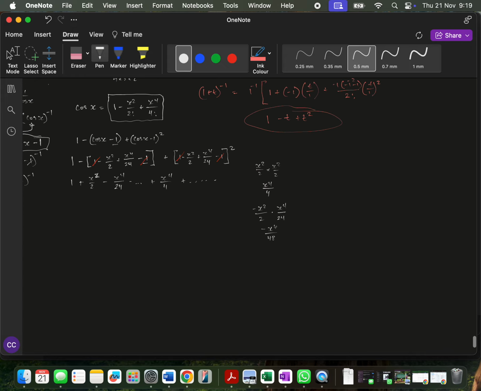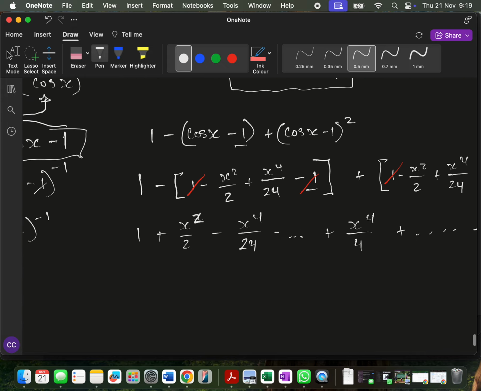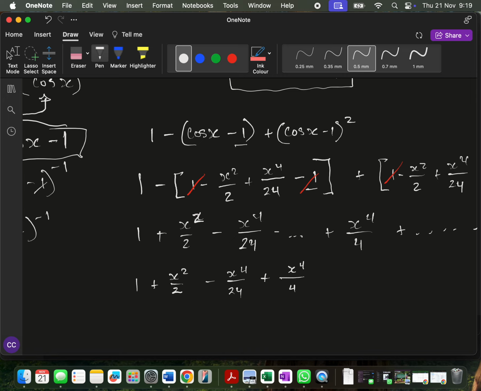Now, combining like terms. So we have 1 plus x squared over 2 and minus x to the 4th over 24 plus x to the 4th over 4, which would be 6x over 24, right?